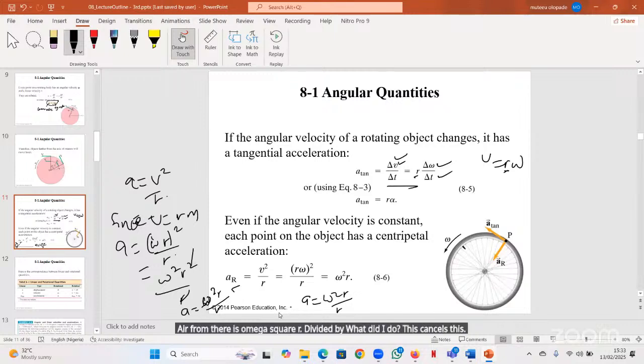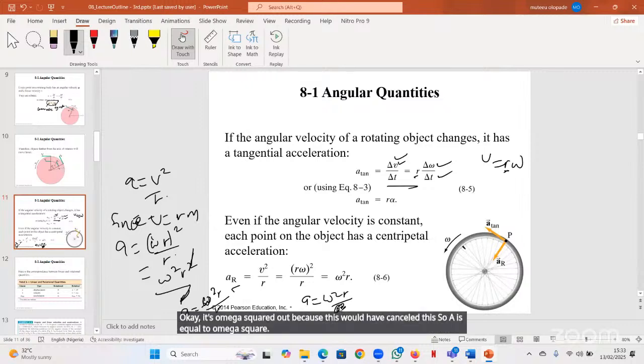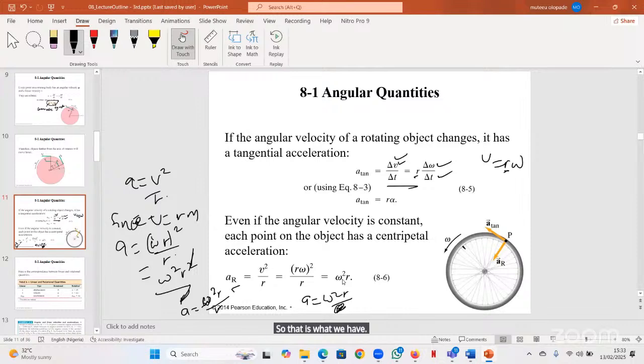Okay, it's omega square R, because this would have cancelled this. So A is equal to omega square R. So that is what we have, and that is what is here.